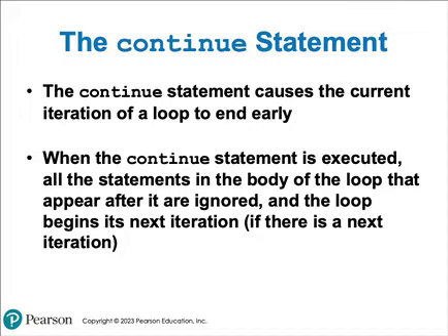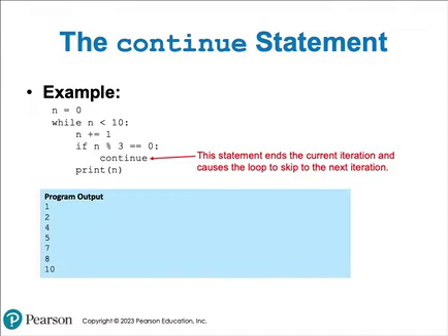Now, if you want to, for whatever reason, stop processing the current iteration of the loop and go to the next iteration of the loop, then you use a continue statement to do that. So here's an example.